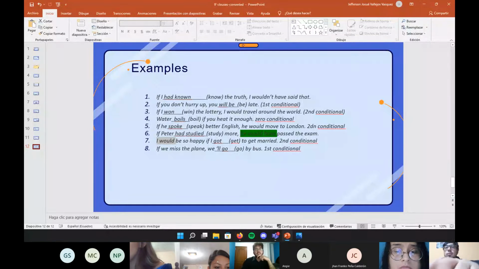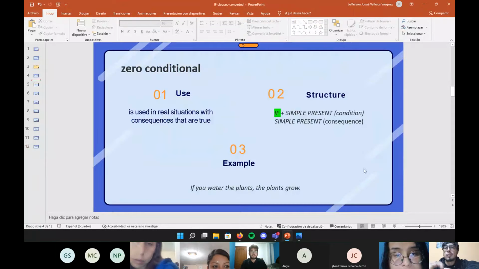Now, please, can you write an example of zero conditional in the chat? Anybody? Of zero conditional. In this part, we have the structure.